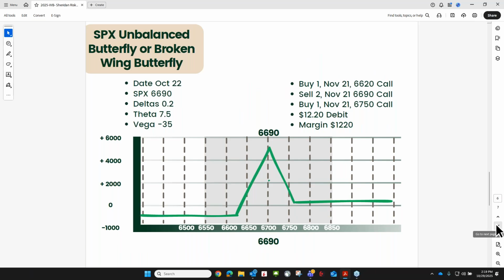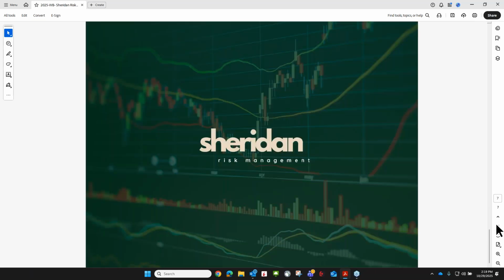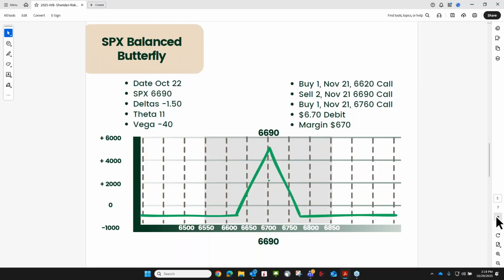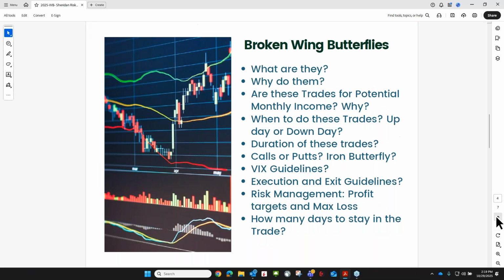All right, Jeff, is that the slides, or should we go back? Okay, so let's go back to the one slide with all the guidelines. So folks, this session is going to be recorded, so you can go back and study the two graphs to see the difference between balanced and unbalanced.